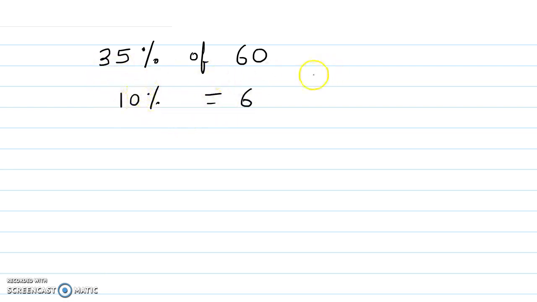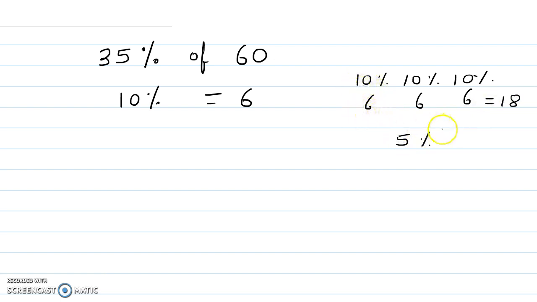So how many tens are there? 10%, then 10%, then 10%. So there are three 10%. So you add 6 plus 6 plus 6, so it will be 18. Now what is 5%? Half of 10% is 3. So this is what we need to do.